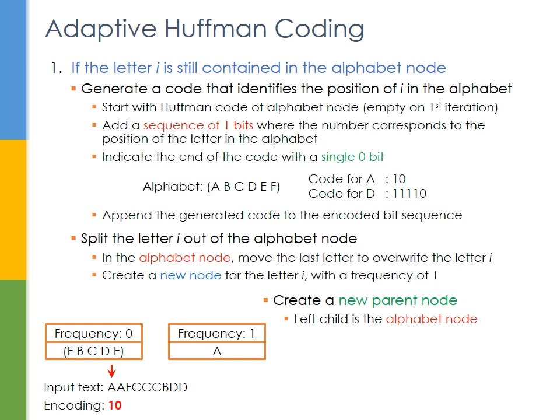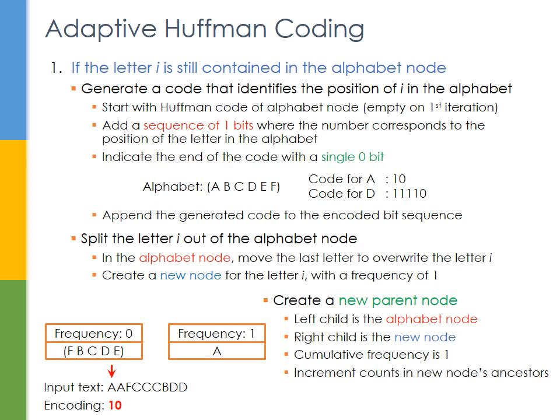The left child of this new node is the alphabet node, the right child is the new node, and its cumulative frequency is, of course, 1 because the cumulative frequency is the sum of the frequencies of the 2 children, and those frequencies are, as we can see over here, 0 and 1.